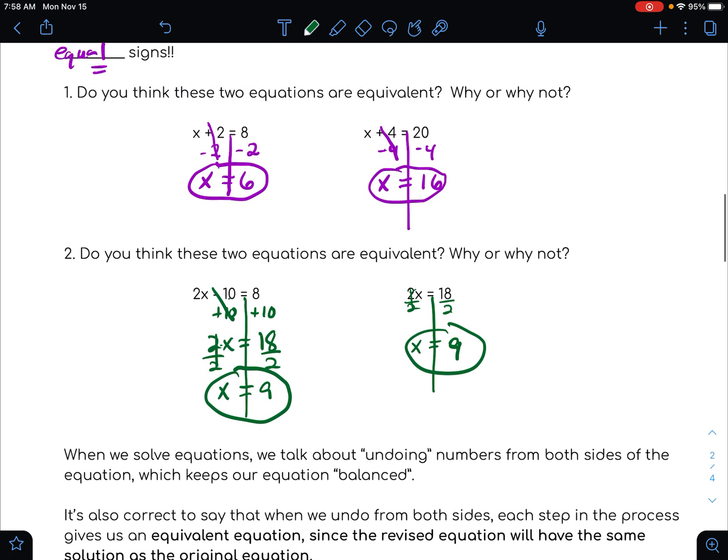Okay, so which of the two sets of equations do you think are equivalent? Hopefully you're saying the equations in set 2 are equivalent.